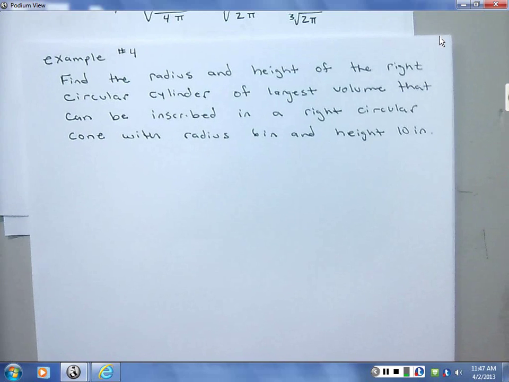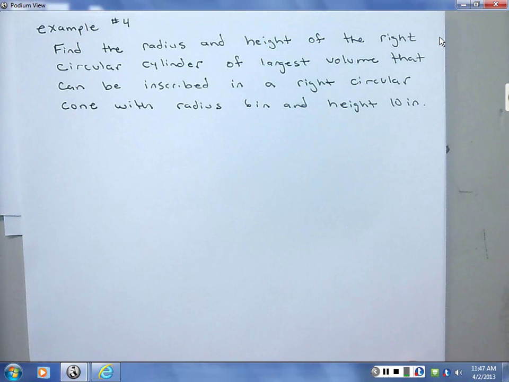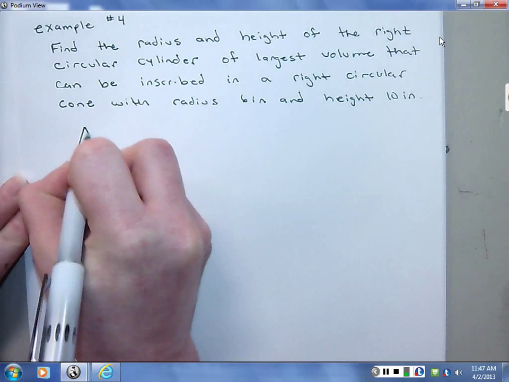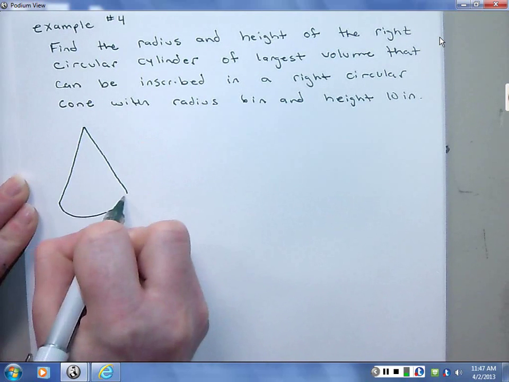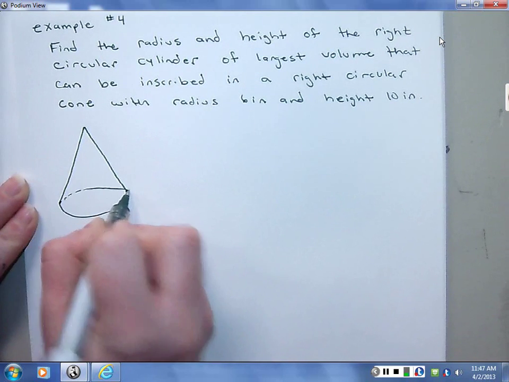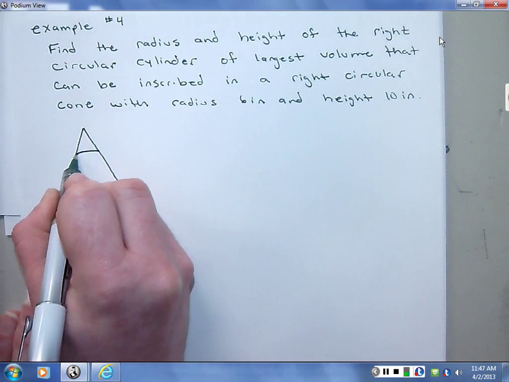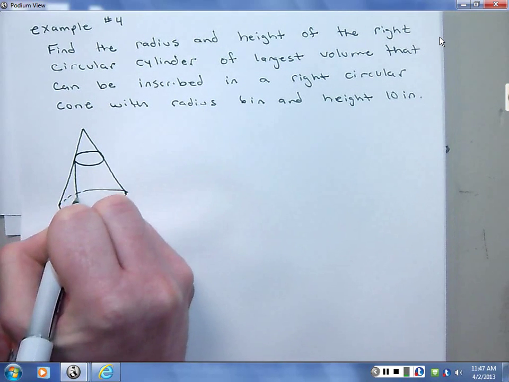You guys know what inscribed means? So I have a right circular cone, and I'm going to inscribe a circular cylinder with largest volume. So a circular cylinder is going to come in here, and it's going to be inscribed.